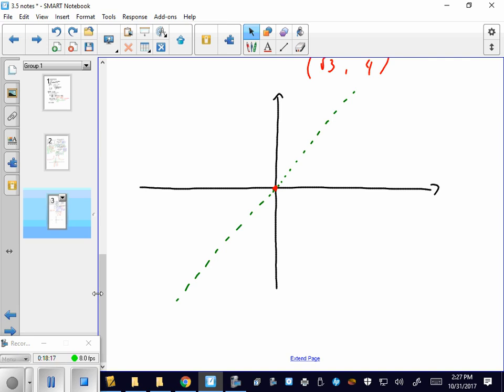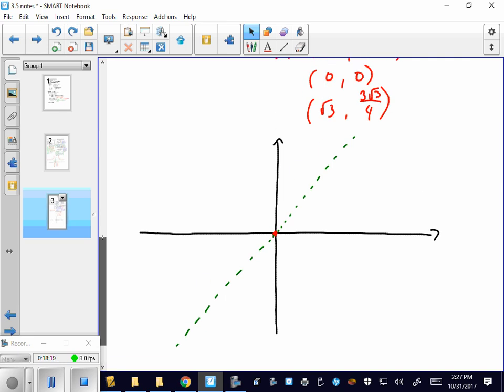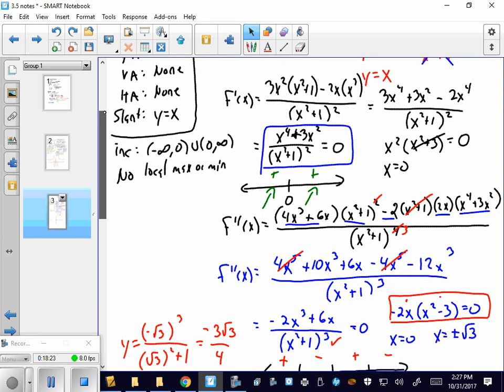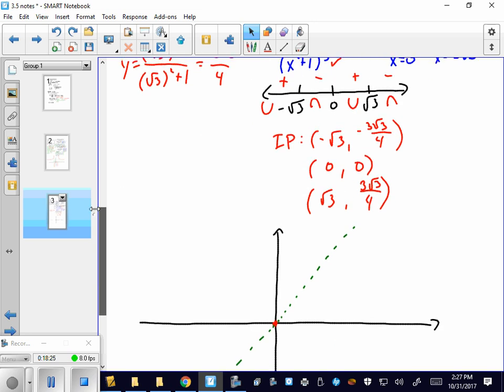Well, here's the idea. I'm going to need to plot those inflection points because without those, I'm not going to know what is going on in this graph. So my inflection points, I have one at 0, 0. I've also got one at positive root 3, positive 3 square root of 3 over 4. Positive root 3 is about 1.7.